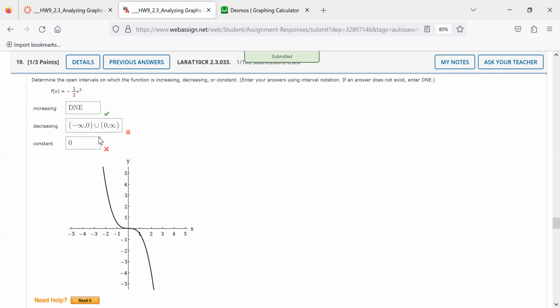Not like my idea here. At that point in the center, it is neither increasing nor decreasing, because it levels off for just a moment. Then right after, it continues to decrease. But it does not agree with me.